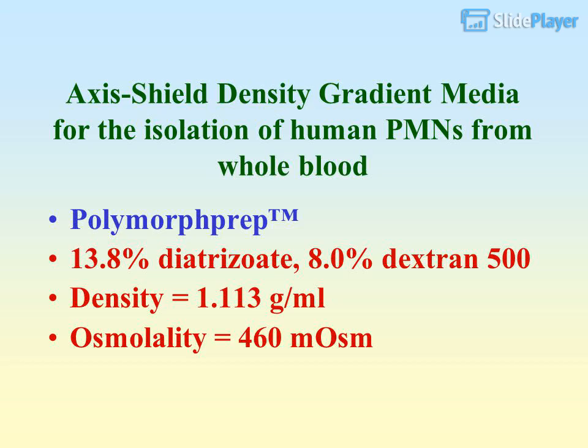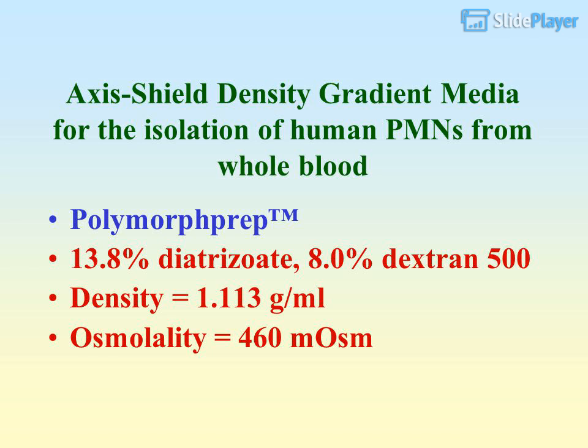13.8% diatrizoate, 8.0% dextran 500, density equals 1.113 grams/ml. Axis-Shield density gradient media for the isolation of human PMNs from whole blood. Polymorphprep: 13.8% diatrizoate, 8.0% dextran 500.